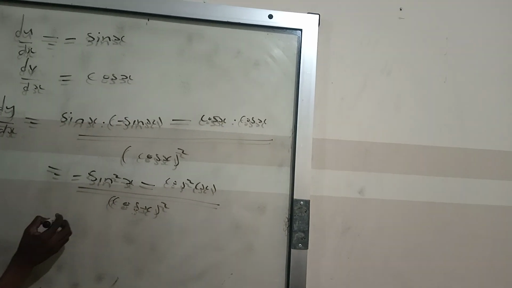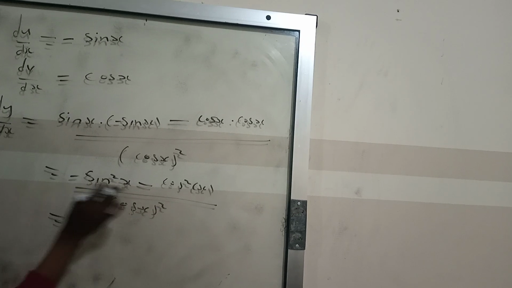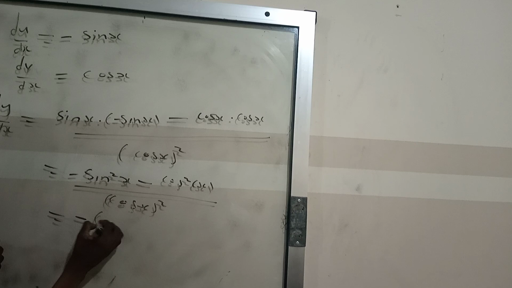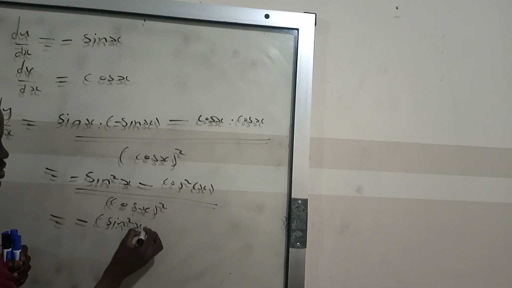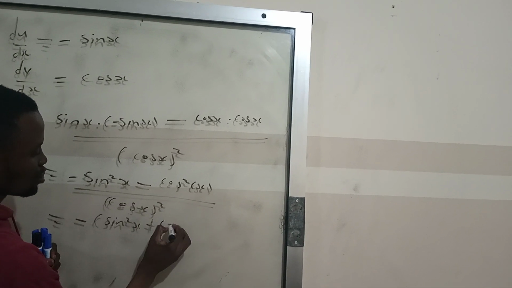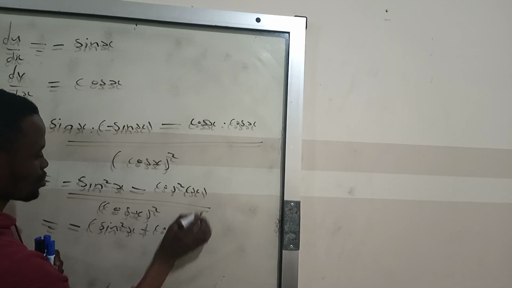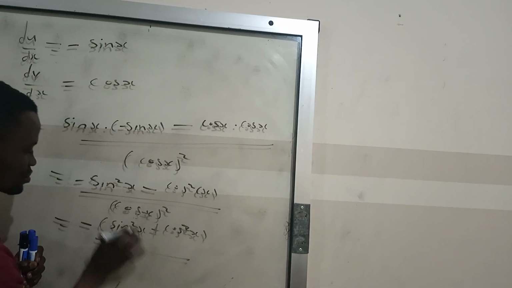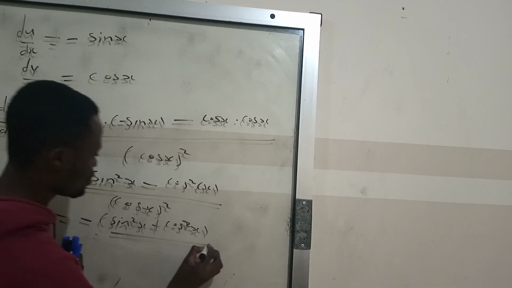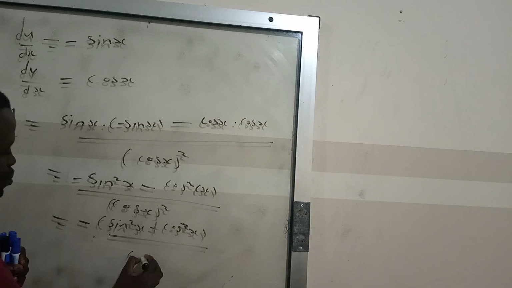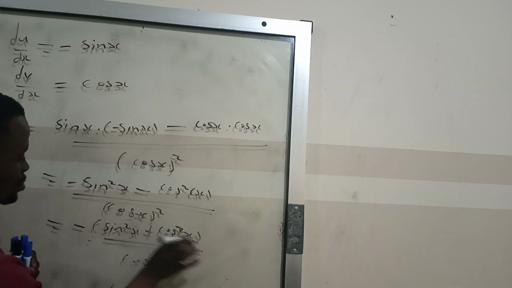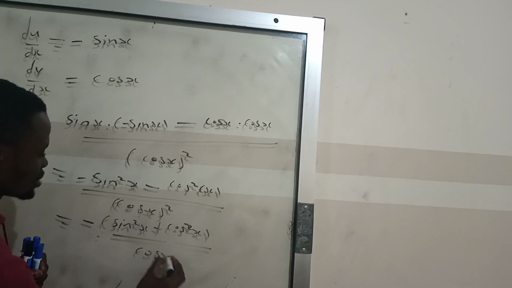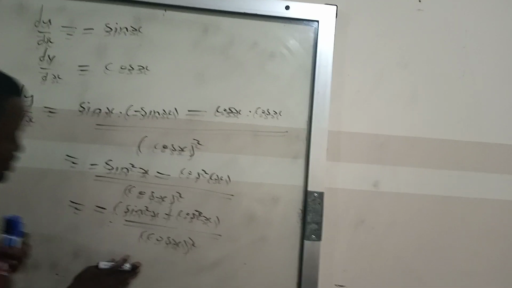Then we can factor out the negative, so you get negative sin square x plus cos square x, all divided by sin x all squared.